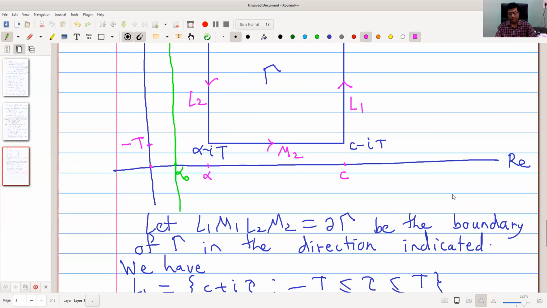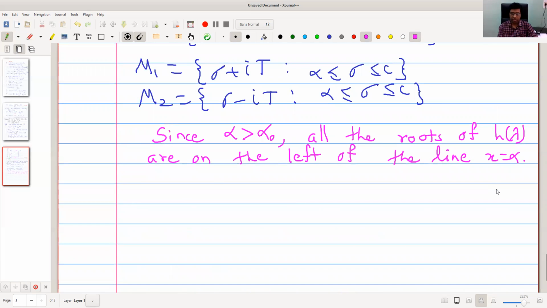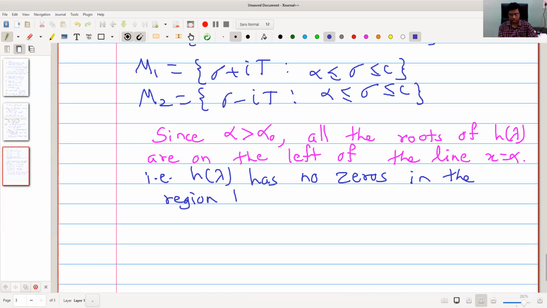That means h of lambda has no roots in the rectangular region gamma. That is, h of lambda has no zeros or roots in the region gamma.